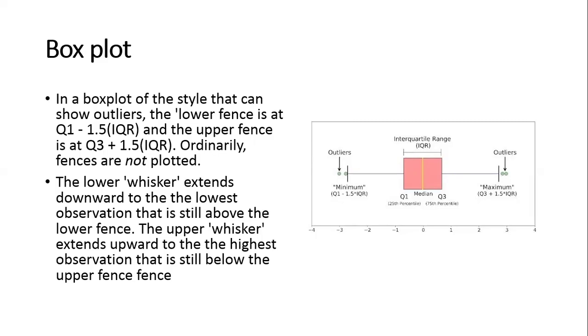So we are going to be using it a lot, especially when we get to R. The upper whisker extends upward to the highest observation that is still below the upper fence. So it extends further.